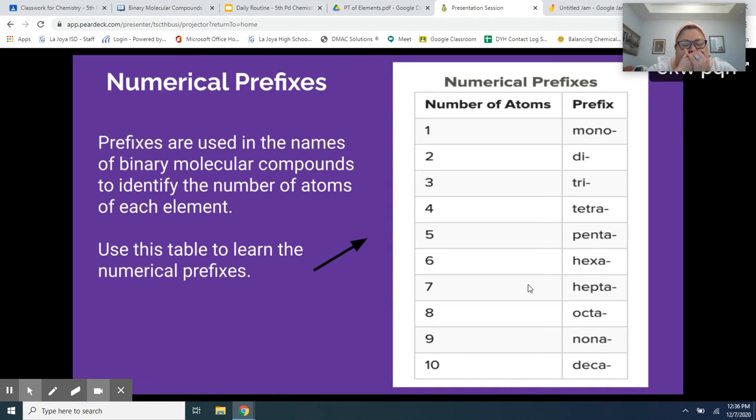If you have a subscript of 1, you use mono. 2, di. 3, tri. 4, tetra. 5, penta. 6, hexa. 7, hepta. 8, octa. 9, nona. And 10, deca. Those are the prefixes for the subscripts. Those little numbers at the bottom change into these prefixes when you name the compound.